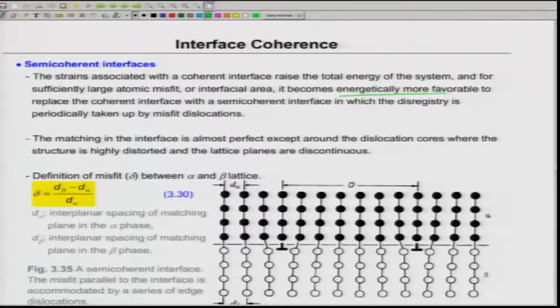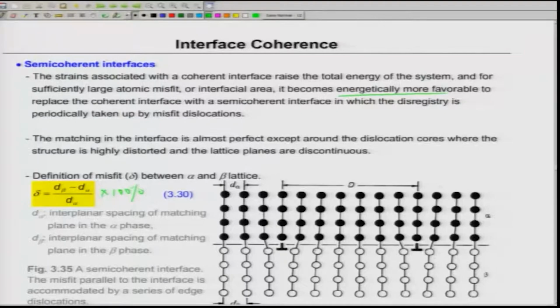It can be the other way also, negative and positive, both misfits are possible. So, d alpha is the interplanar spacing of the matching plane in the alpha phase, and d beta is the corresponding one in beta. Then we can define delta as the misfit, and this is always termed as a percentage. That is why you write 100. Okay, that is the way it is defined.